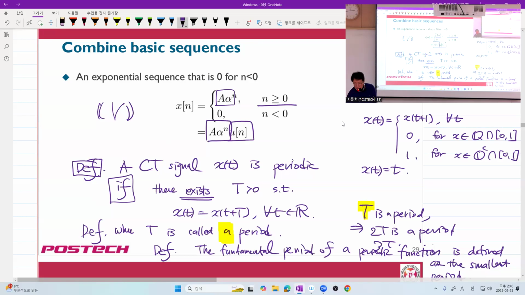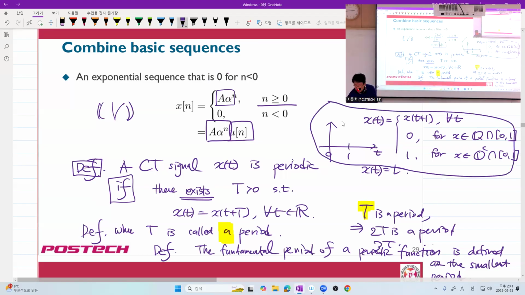So this signal x is a strange one. First, let's define the values of this function inside this interval.